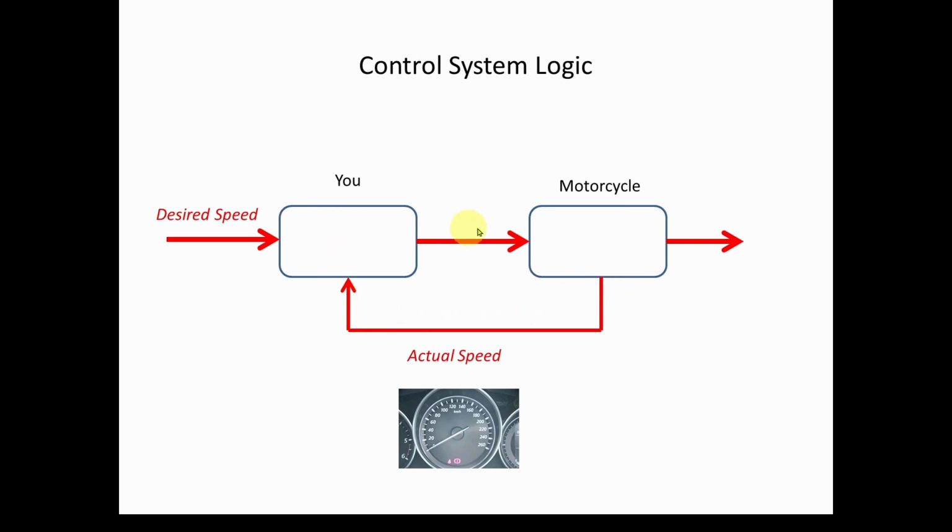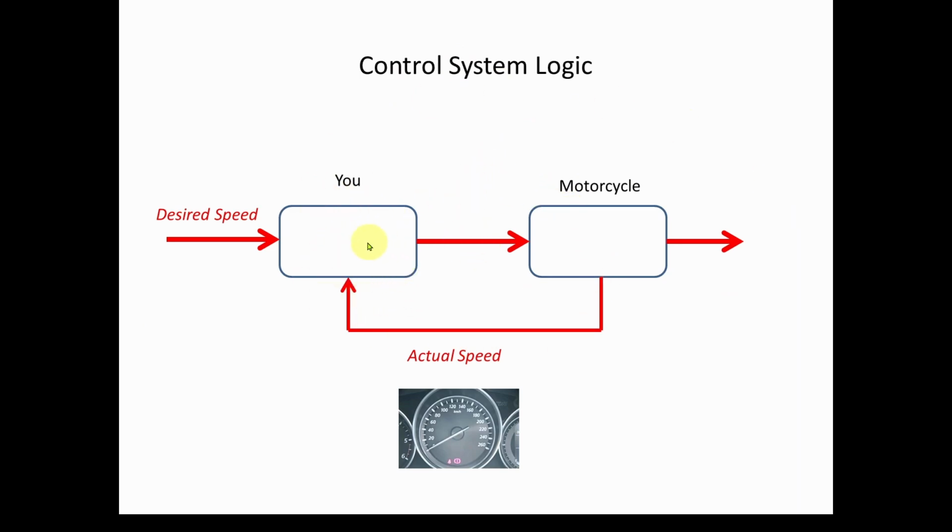So here's kind of the closed loop control system where you've got a couple inputs, the measured speed and the desired speed. The motorcycle has an input of the throttle position, and it outputs the actual speed, and it also has an output of the actual miles per hour of the motorcycle. So here we've got a conceptual idea of what a control system does.